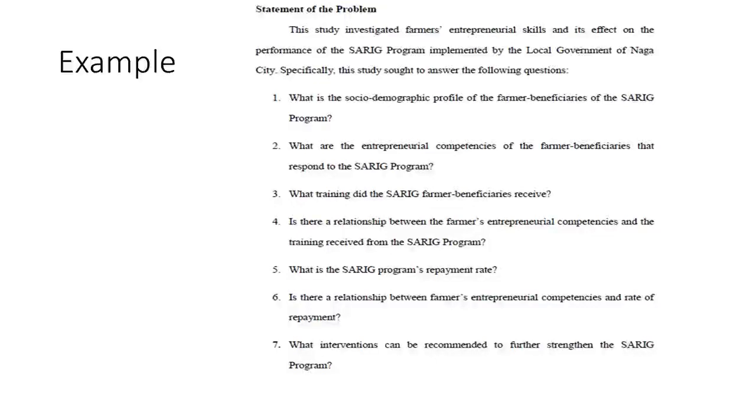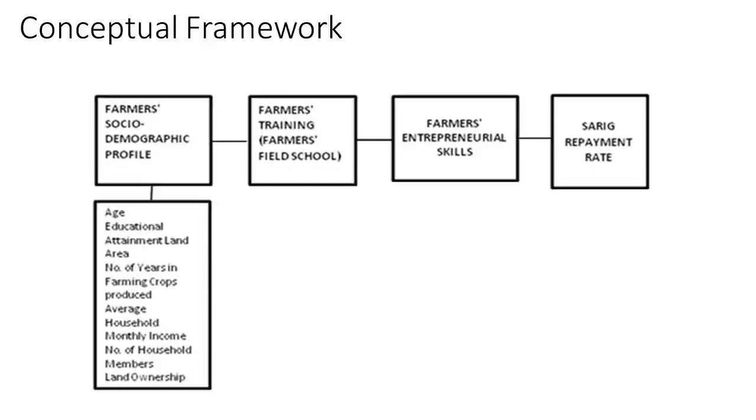So the next slide is the conceptual framework of the study itself. As you can observe, the first item there is farmer socio-demographic profile. This was stated in the SOP in the previous slide.